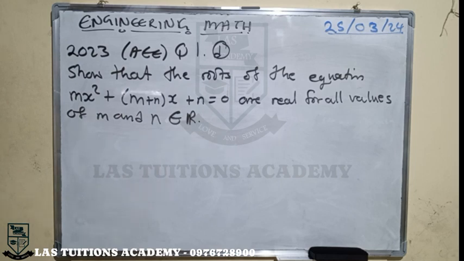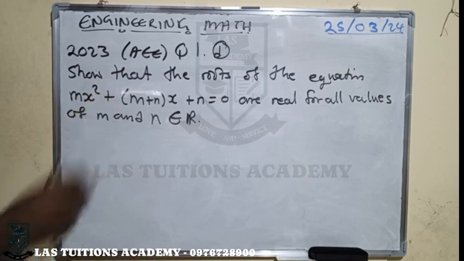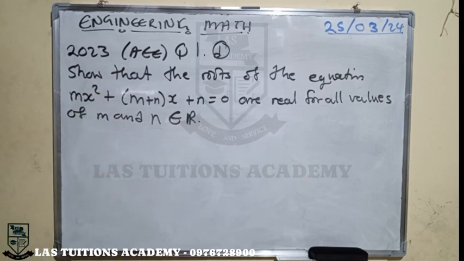So meaning for all values of m and n, if m and n are real numbers, then we will always have real roots for this quadratic equation. So we need to show that that is true. So we need to collect the data that we have.